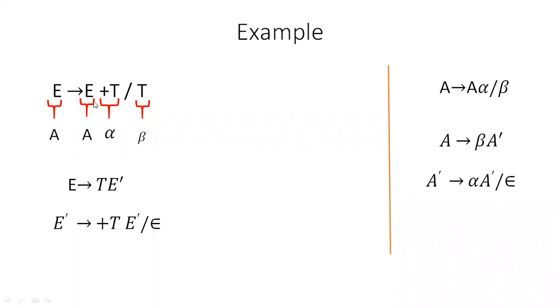Mapping the syntax rule, the grammar of the left recursion. That is the syntax grammar that we need to map here. See this. Make a note of this. If the production in the given grammar looks like this, then by eliminating the left recursion, you need to change the rule into these two rules.